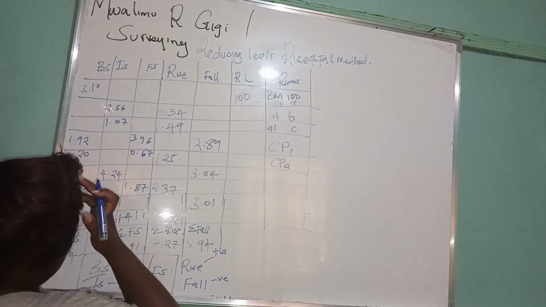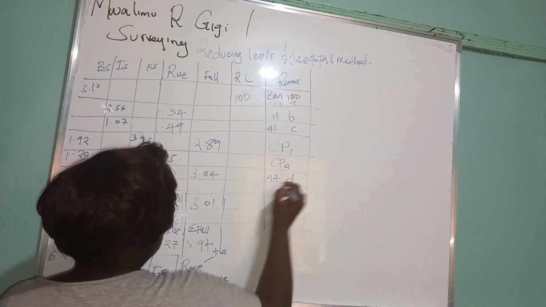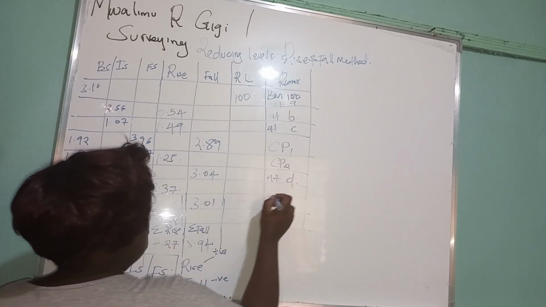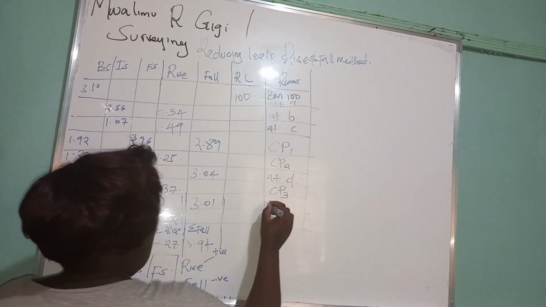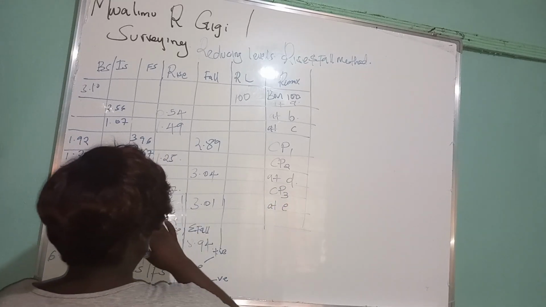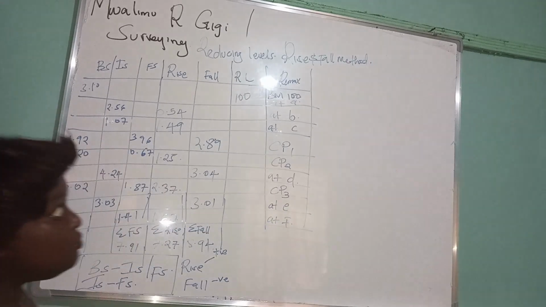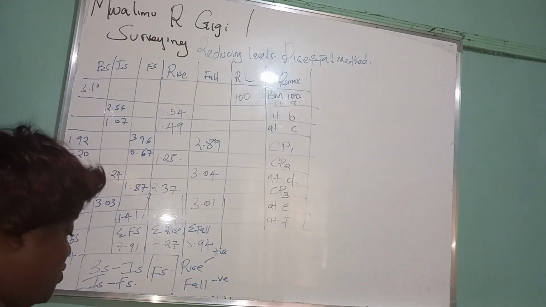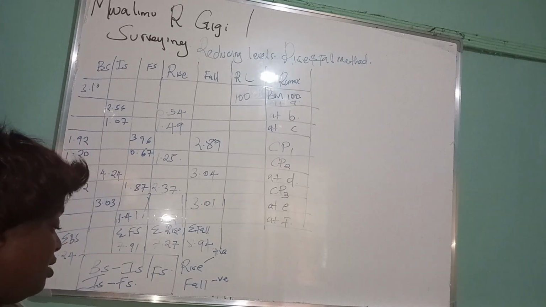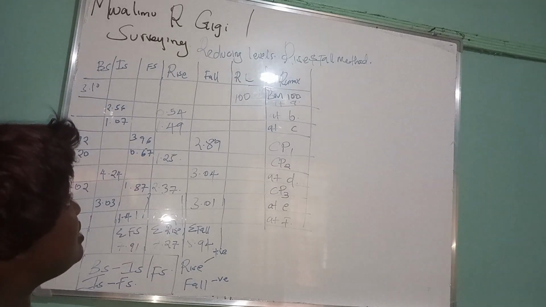Then we have at D. Then we have another change point 3. Then we have at E. And the last point is at F. So at A, we have the reduced level as 100.